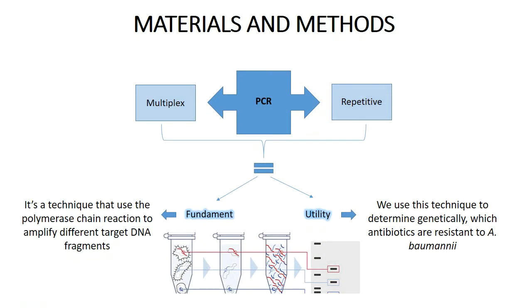And lastly, the third and the fourth methods, PCR multiplex and PCR repetitive. Although they are different techniques, they have the same fundamentals, which is that they use the polymerase chain reaction to amplify different target DNA fragments, and we use this technique to determine genetically which antibiotics A. baumannii is resistant to.